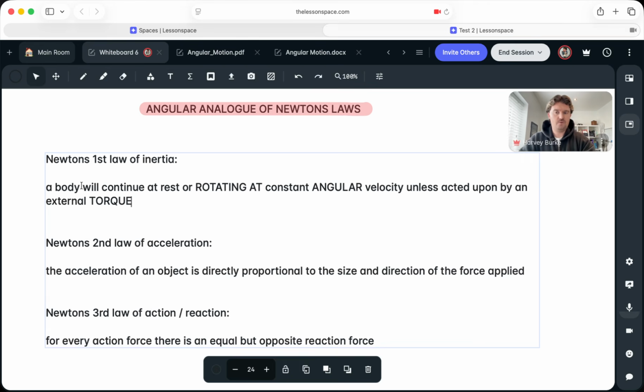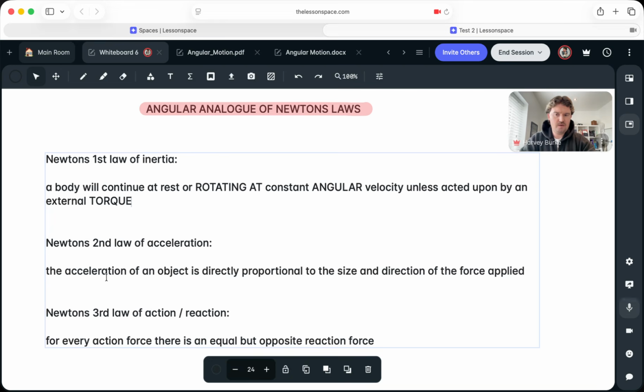So now this reads, a body will continue at rest or rotating at a constant angular velocity unless it's acted upon by an external torque. So for example, the ice skater will continue spinning at a constant angular velocity until they apply an external torque to the ice to speed up or slow down. Newton's second law of acceleration is basically saying how hard you hit something determines how quickly it travels.